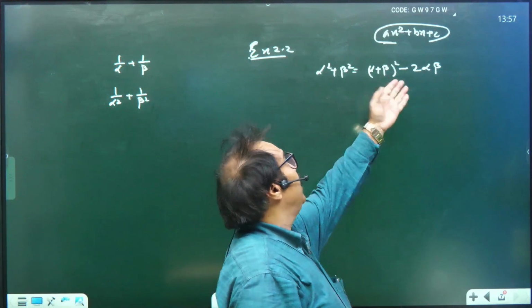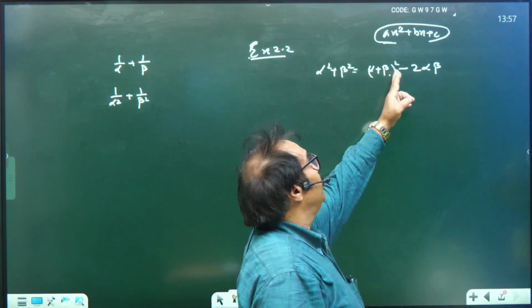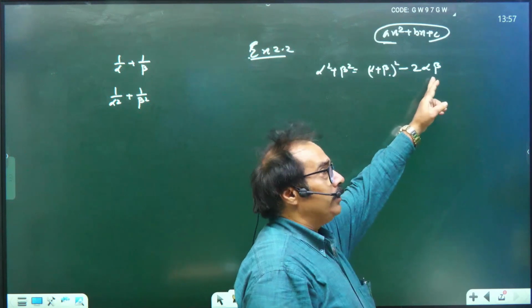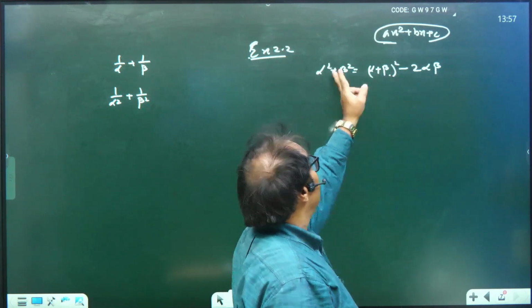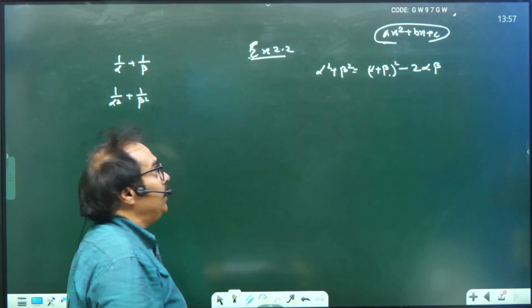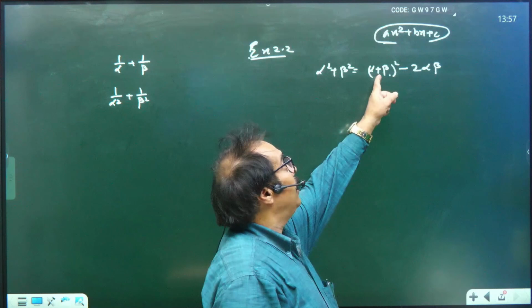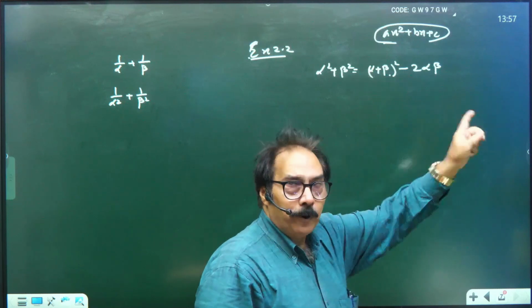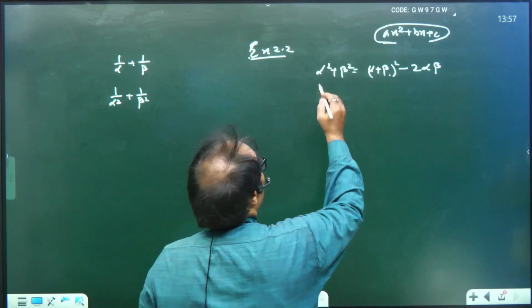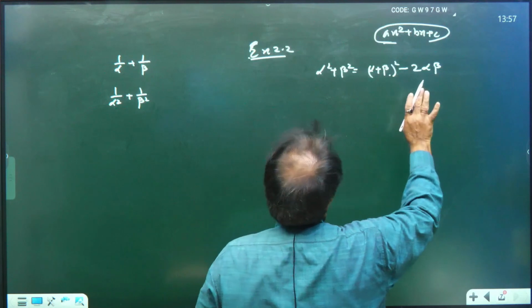So when you open it, alpha square plus beta square plus 2 alpha beta, and minus 2 alpha beta will be cancelled out. So it is equal to alpha square plus beta square. So write in this form. Why? Because we have the sum of the zeros and the product of the zeros. So this is the value of alpha square plus beta square.